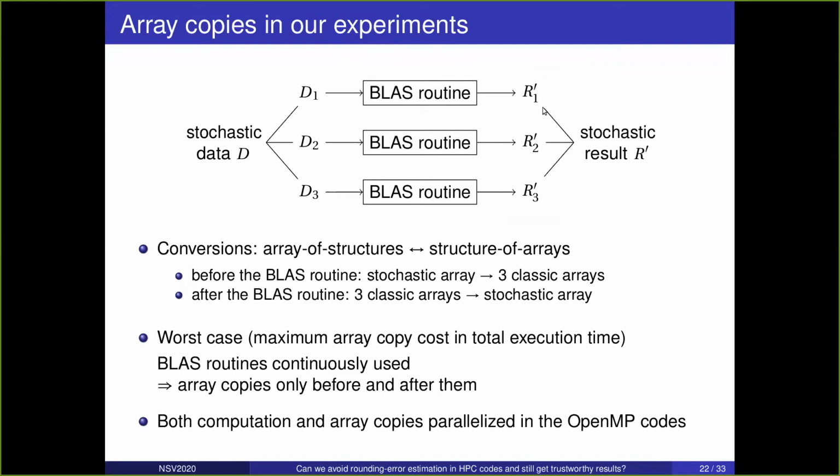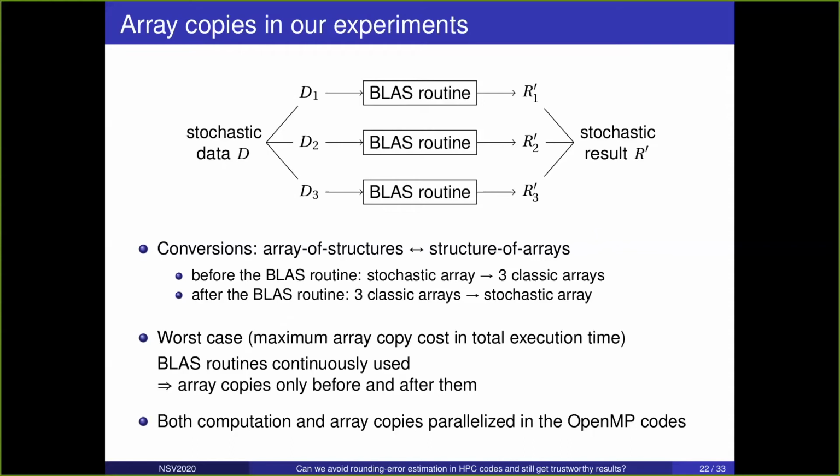So why these array copies? So you have stochastic data, you perform 3 times the computation with classic BLAS routines, and then we get a stochastic result. So you see that there are conversions between array of structures and structure of arrays.